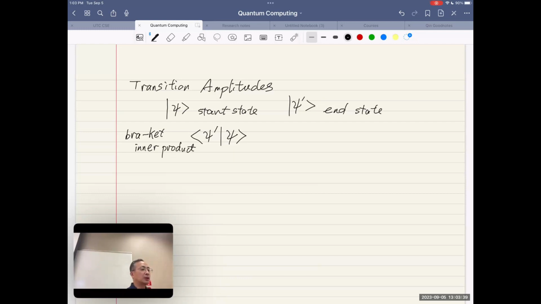Apparently, if you think about the complex inner product, it is also the same symbol. So it just comes back. I guess the symbols are self-consistent.